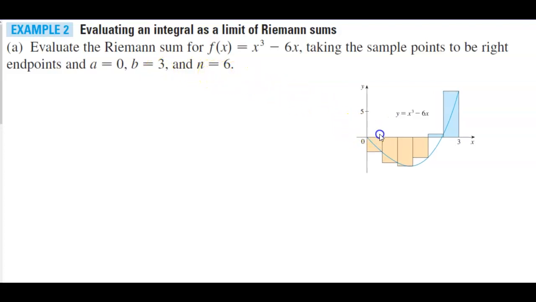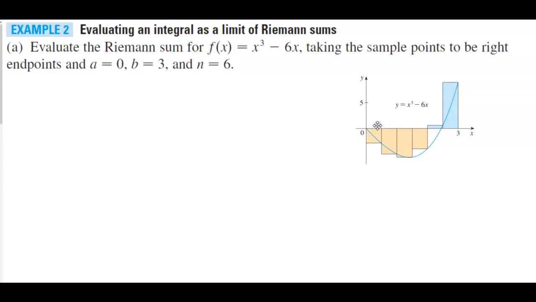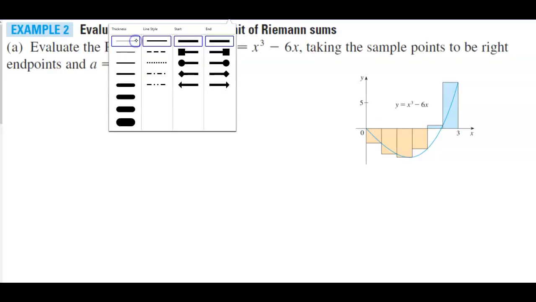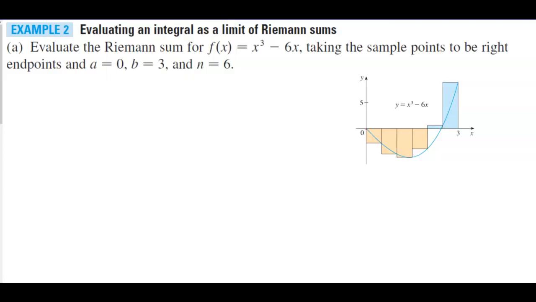Okay, first and foremost, let's take a look at the graph. So here is the graph. We can see it's in blue, and what we want to do is go from 0 to 3. Let's take a look at the right endpoints. That means we're going to create these right rectangles here. Again, that is below the x-axis.